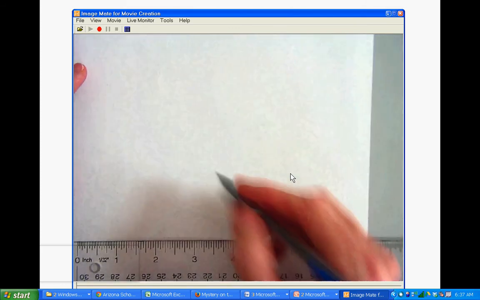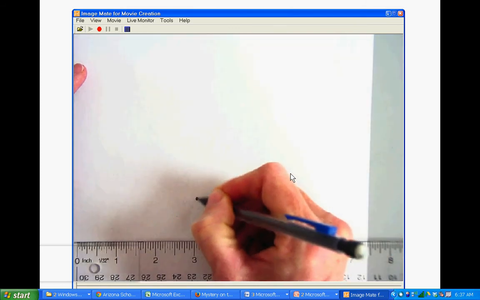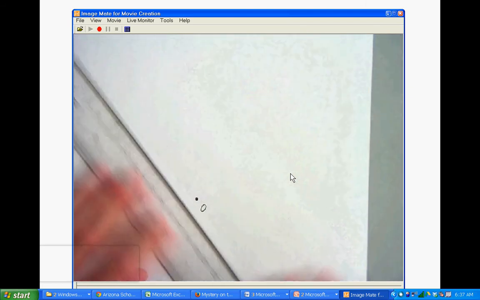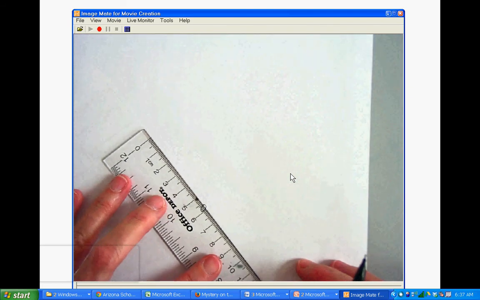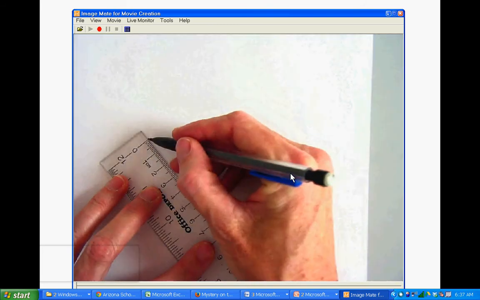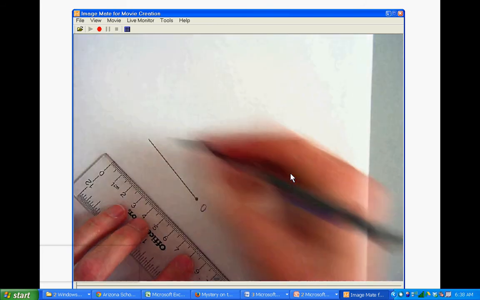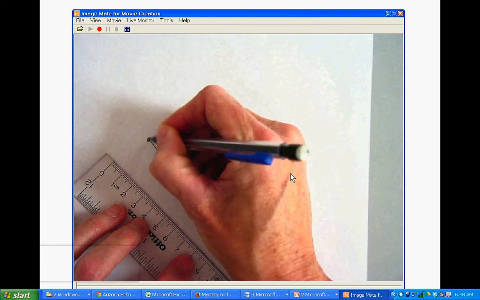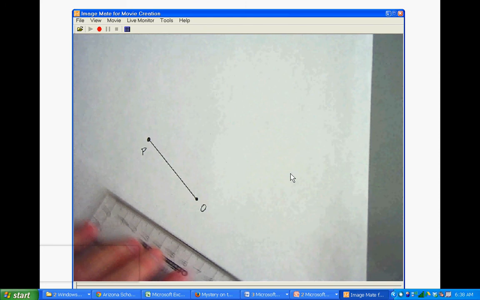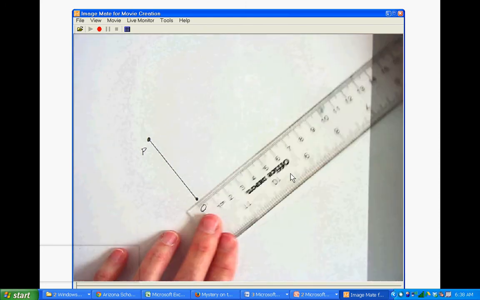So let's say we have a point. We're going to call this O. This is our dilation. And we're going to measure a distance of 5 away from this point. So this is where you're going to need to use your ruler for this. We'll call this P. And off in the other direction, we're going to measure this as 8.